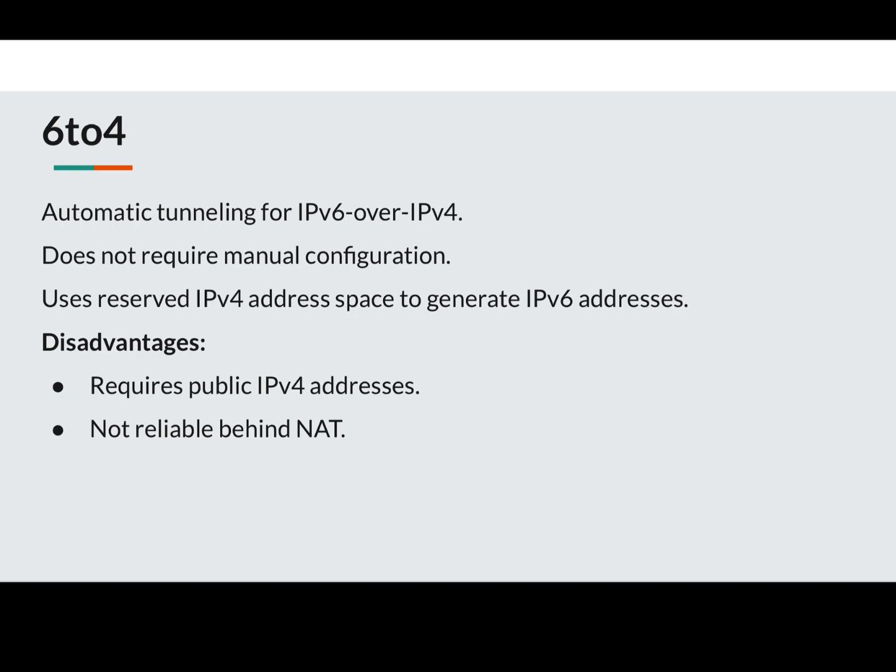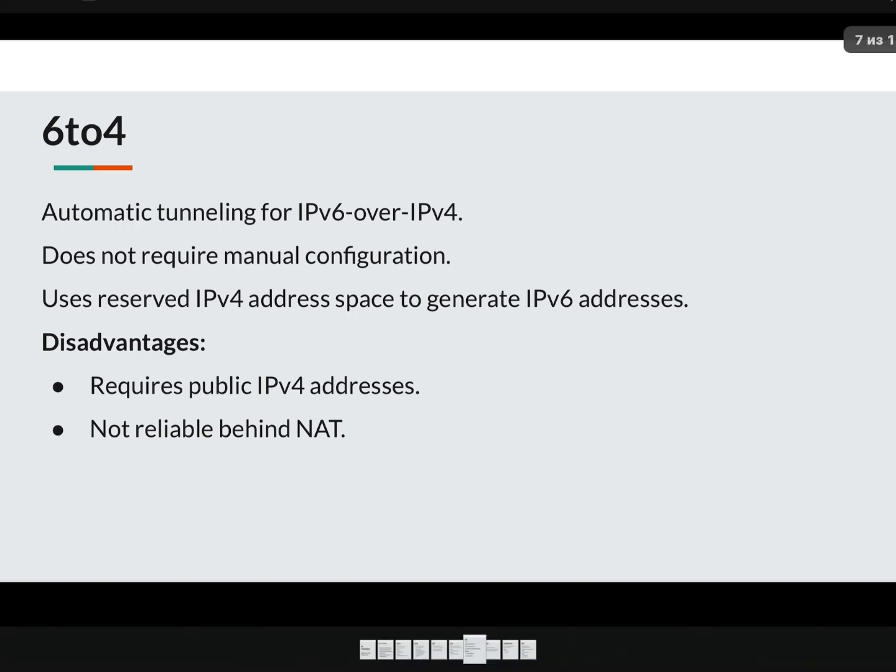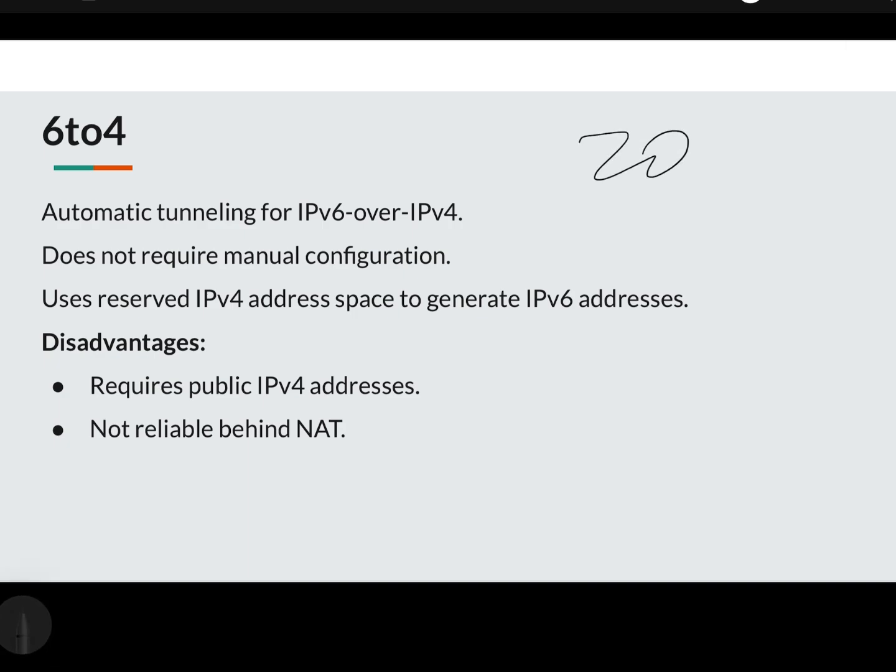So key features: automatic address configuration, where devices generate IPv6 addresses without user intervention, and the IPv6 address is derived from the IPv4 address with a prefix. For example, here it is 2002::/16 in IPv6.